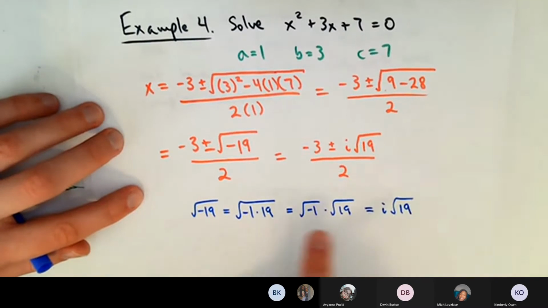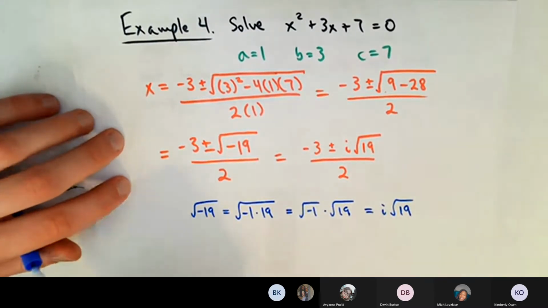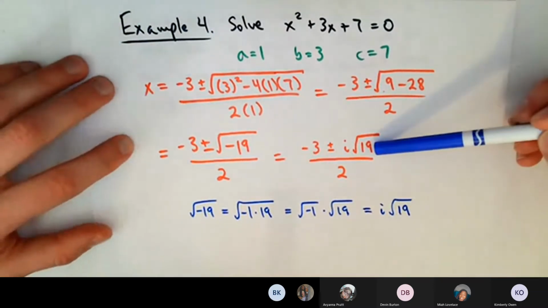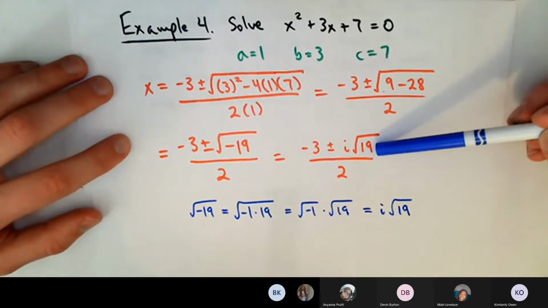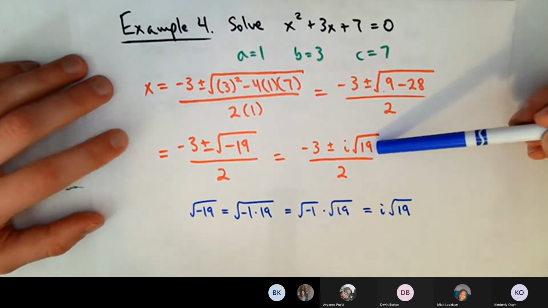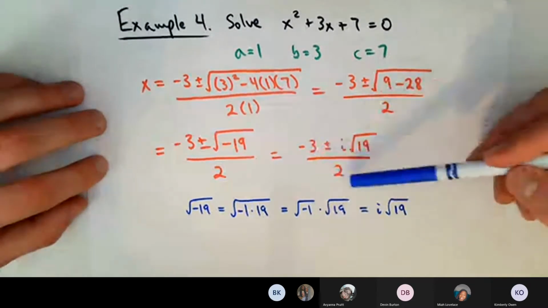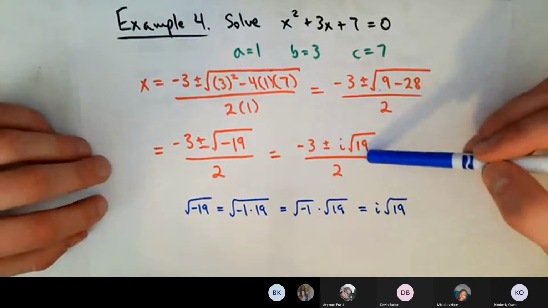There we go. That's the long story there. Now your last step here is you should just look for, can I simplify this at all? Can I simplify square root of 19? No, I can't. It's prime. It has no perfect square factors, and I can't do anything else. There's no simplifying to be done here. Okay.